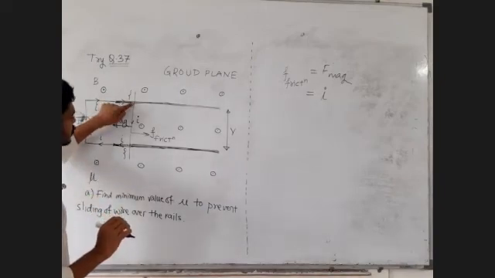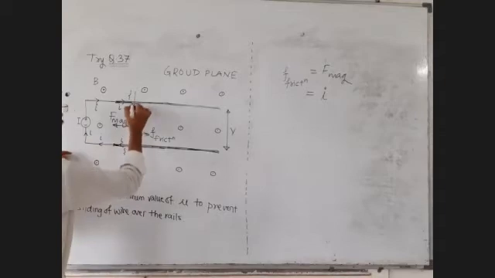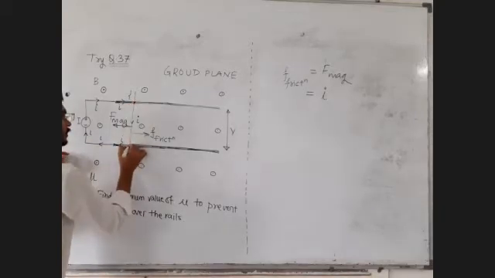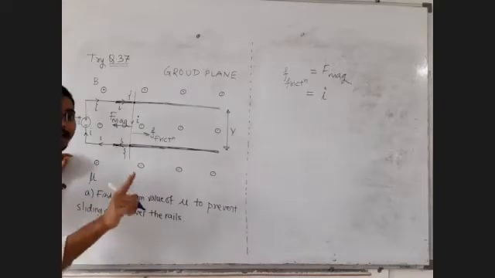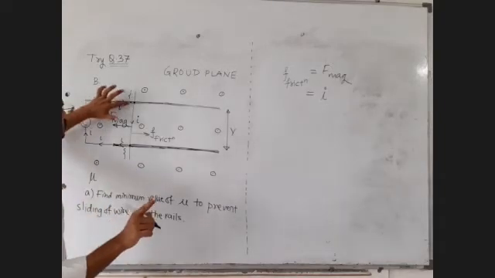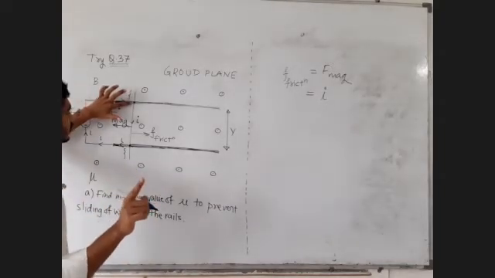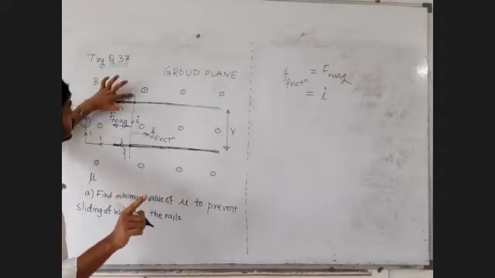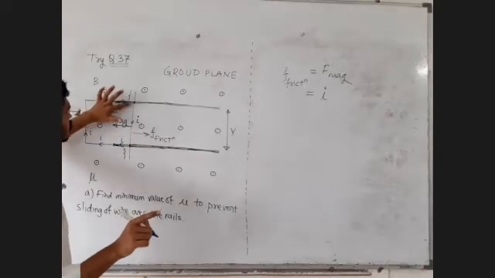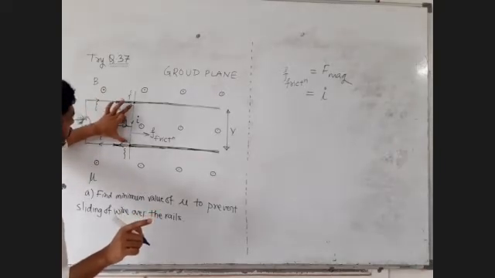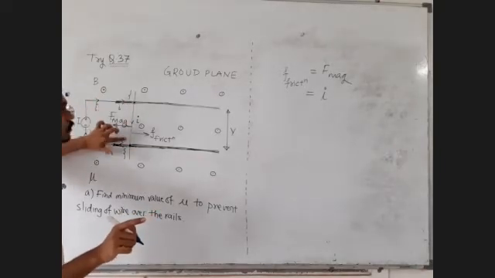Current starts at this point and ends at this point. For a conductor, this is the start point, this is the end point. Consider only that length which is between the start point and end point. In this region, no current. So the equivalent length, you will consider only this much.